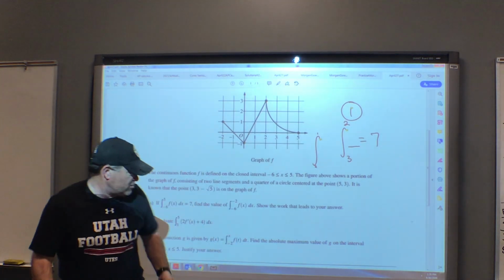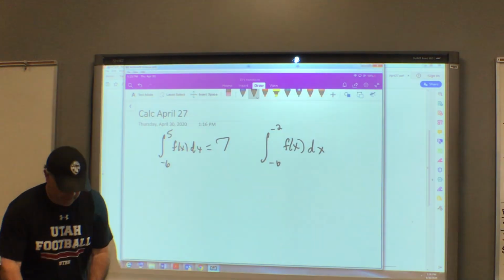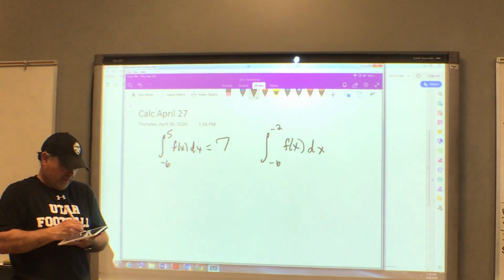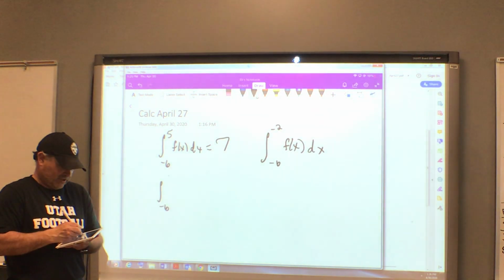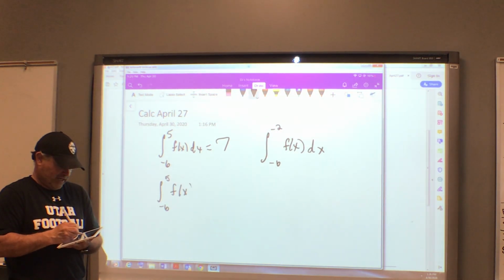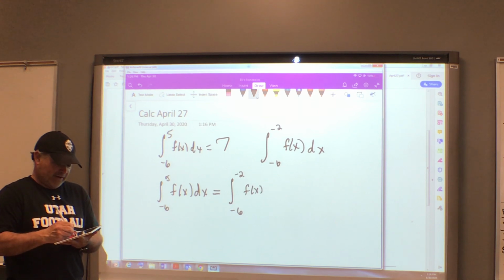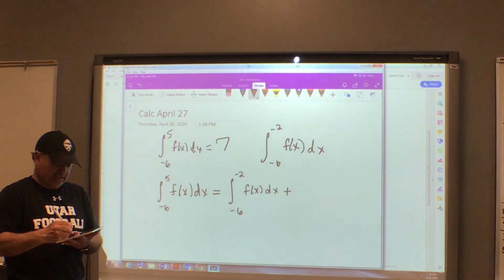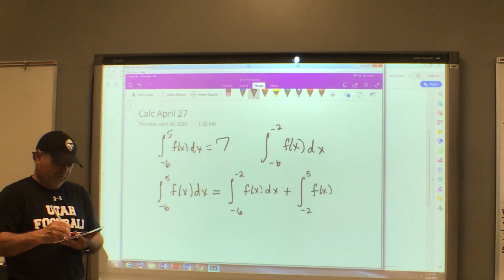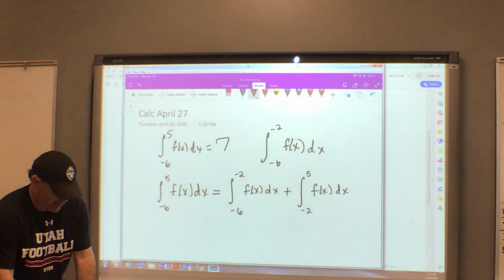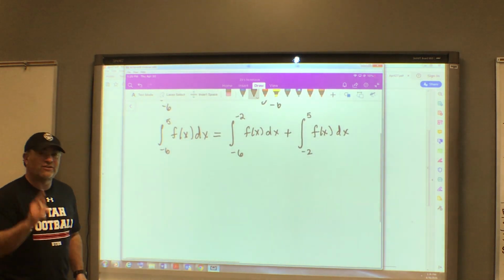So we could do this a couple ways. We could say the integral from negative 6 to 5 of f of x dx equals the integral from negative 6 to negative 2 of f of x dx plus the integral from negative 2 to 5 of f of x dx. Some version of that is getting you 1 point.